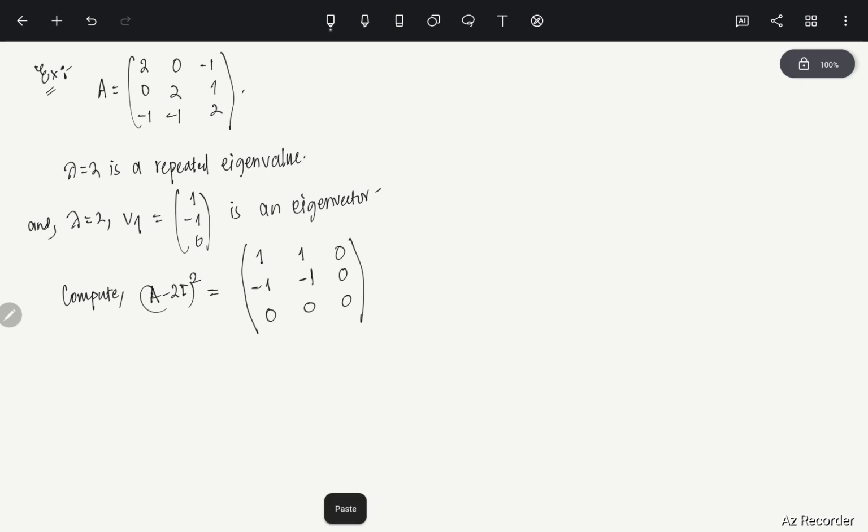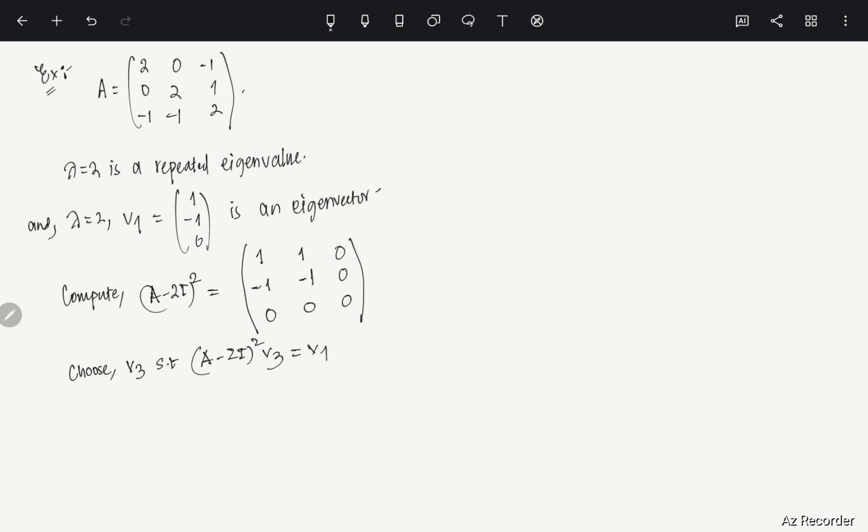V1 I already got, and I want to get v2 and v3. So we'll choose v3 such that (A minus 2I) squared v3 is nothing but v1. We are targeting v1. We want to achieve v1. This is what we are trying to do here.